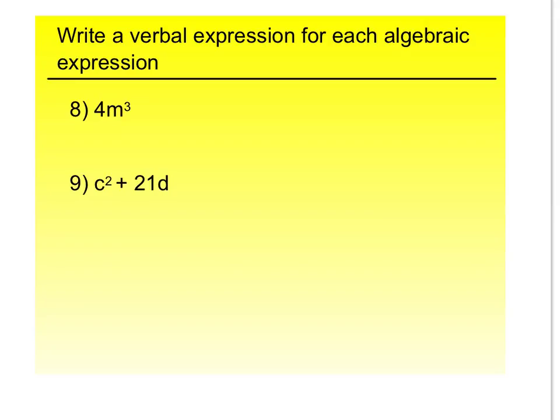So here we're trying to take the algebraic expression and write a verbal expression from it. There's lots of ways different people are going to write this. I'm going to give you an example, but it's not the only way. So for this one, I might say 4 times m, and I could say cubed, because if it's to the third, that works.